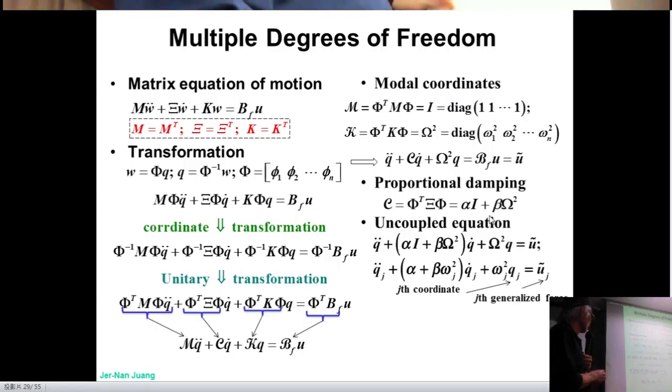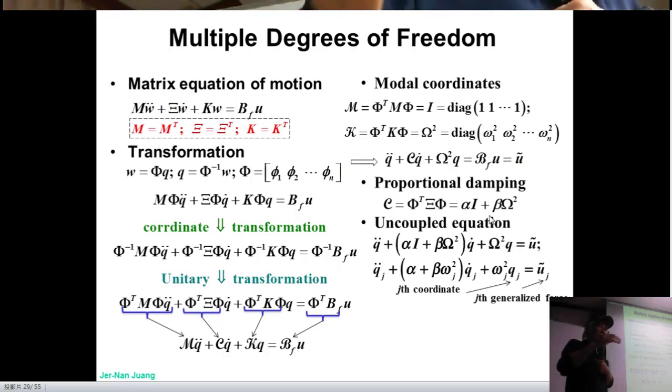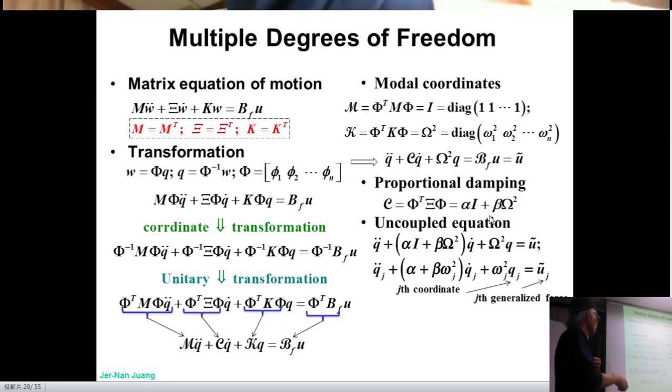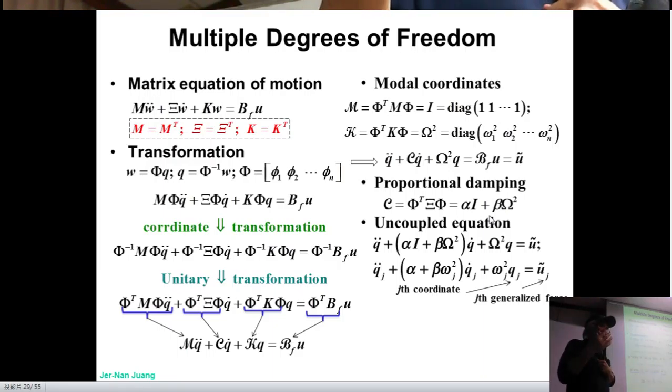But you have to notice that I have a transformation here. The transformation is also an important concept for any control methods. In other words, most of the time we want to transform from our physical coordinates to some other coordinates. We have many other coordinates we want to see, but one particular coordinate we call modal coordinates, which we use very often.